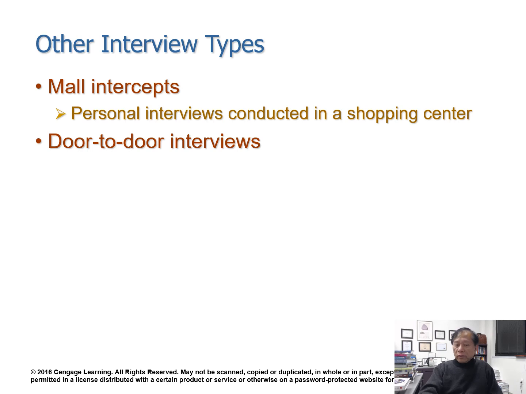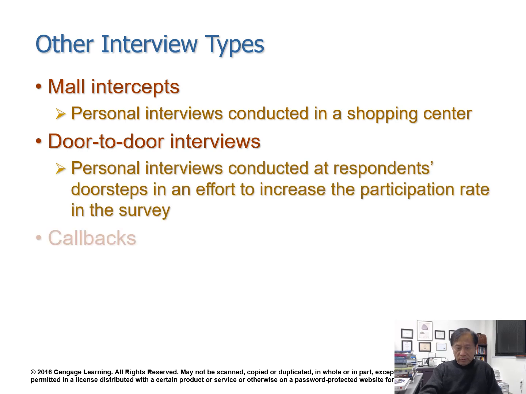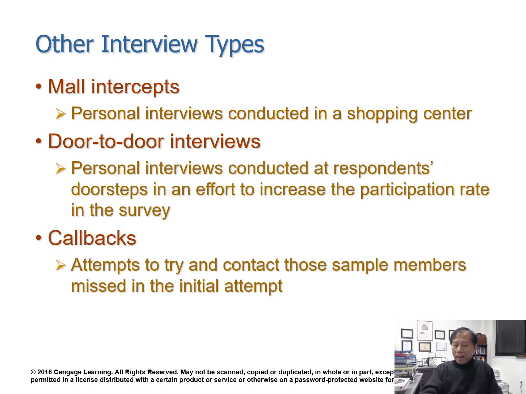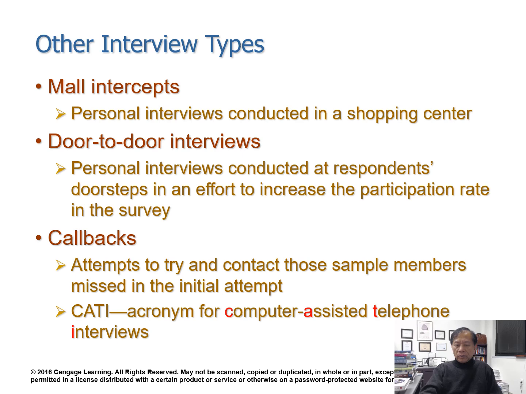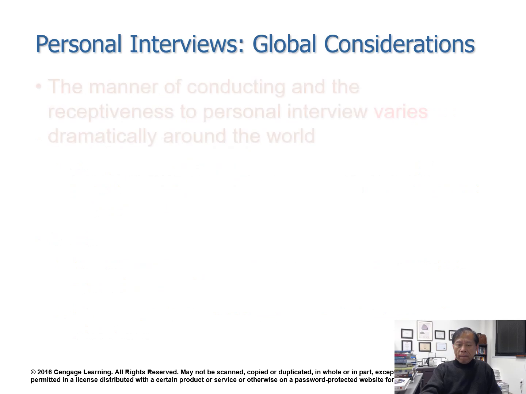And door-to-door interviews. With door-to-door, you can do callbacks, to try to collect those sample members missed in the initial attempt. And use CATI, C-A-T-I, computer-assisted telephone interviews. You've heard that a lot on your home numbers, cell numbers.